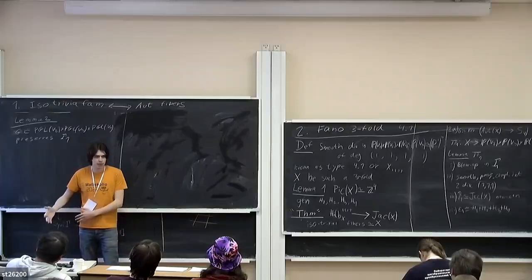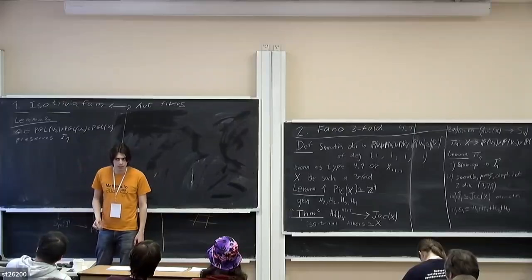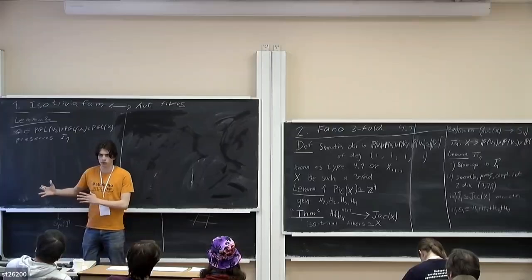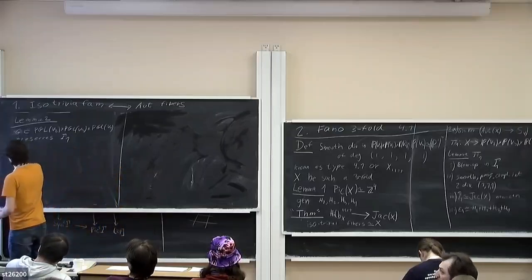So the image of gamma is gamma. It will act non-trivially on gamma, but it preserves the whole curve. I think this is exactly the stabilizer of gamma, right? Yeah.